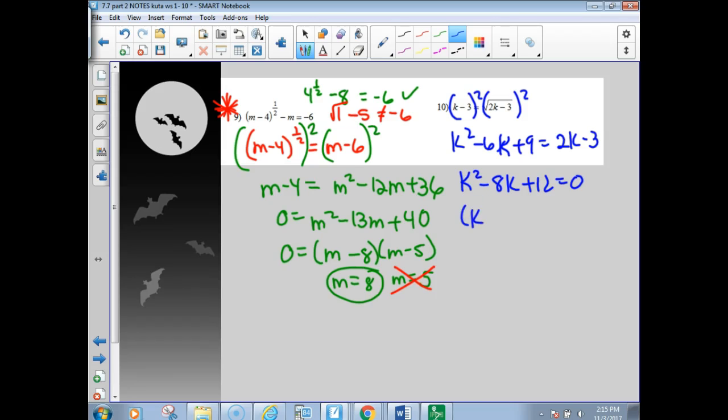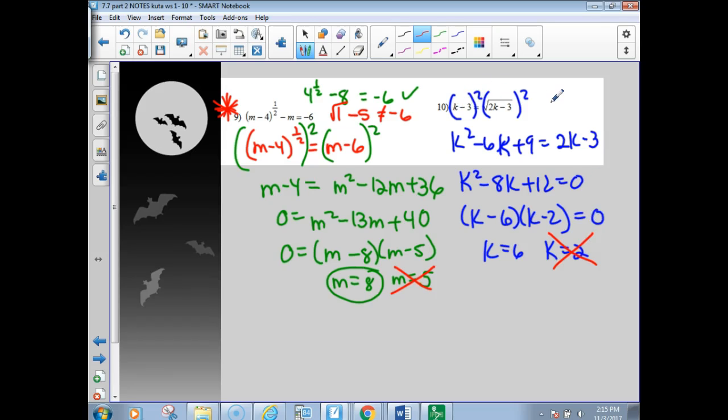And then this factors to k minus 6 times k minus 2. So I get positive 6 and positive 2. But one of them doesn't work. 6 does, 2 does not.